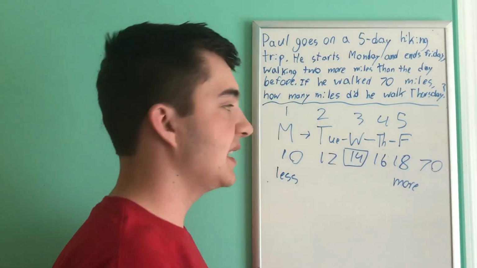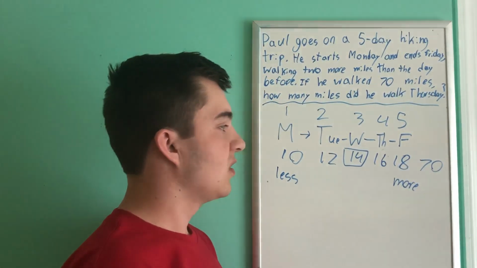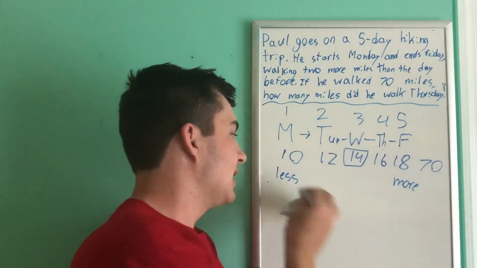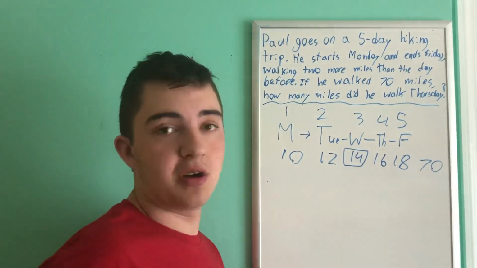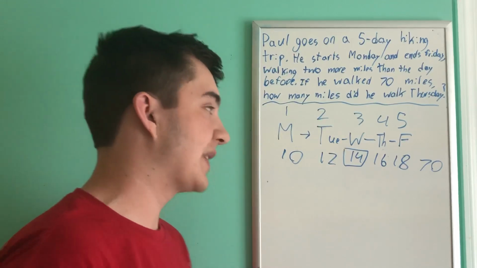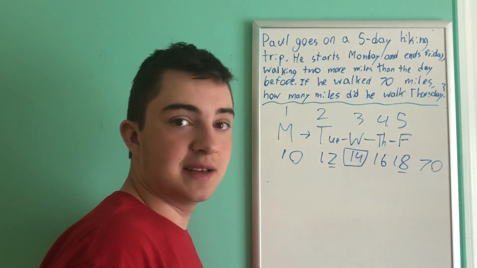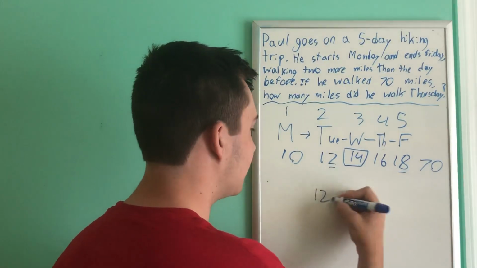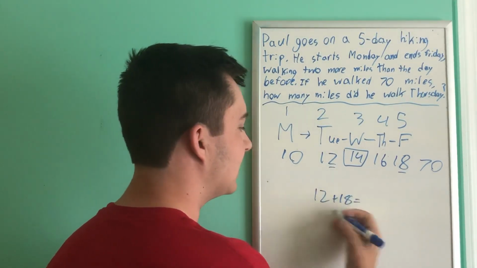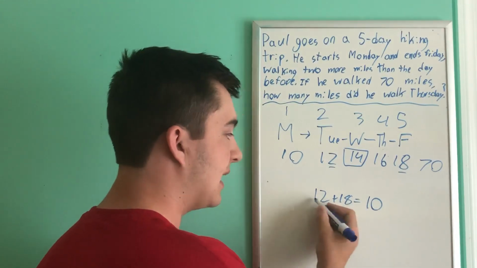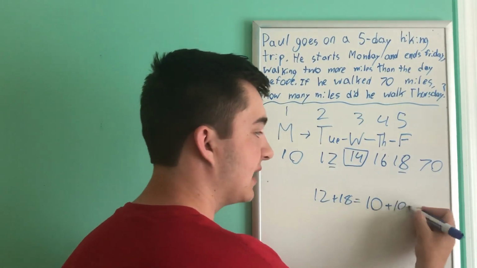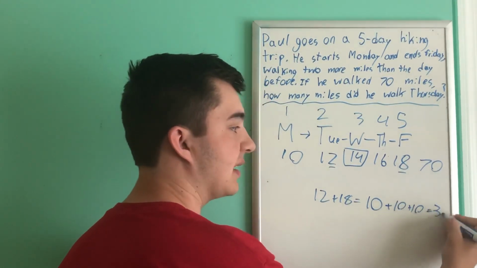Now, does this add up to 70? Well, let's figure that out. It looks like a lot of big numbers and it might be hard to add together. But here's a little trick. You see this 2 and this 8? What's 2 plus 8? It's 10. So 12 plus 18, you add the 2 and the 8, you get 10, and then you have 2 more 10s. 10 plus 10 plus 10, so that's 30.